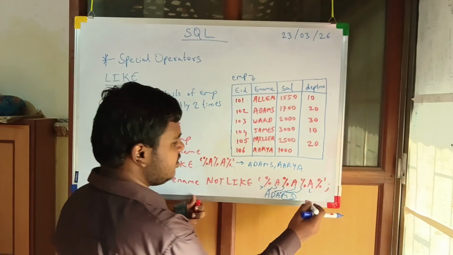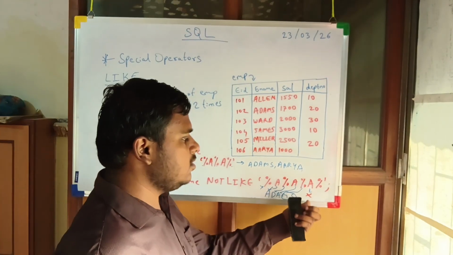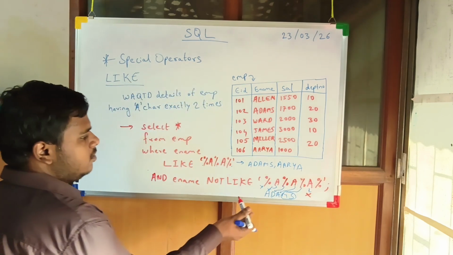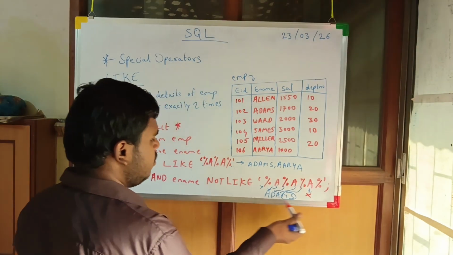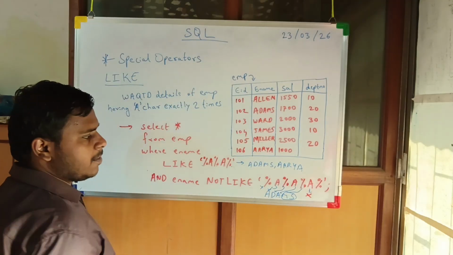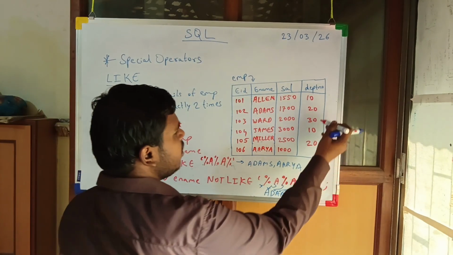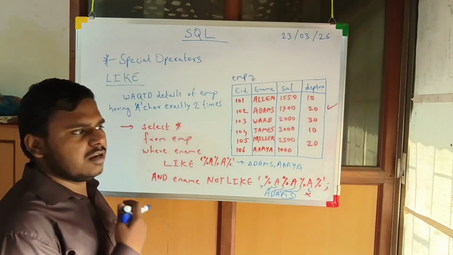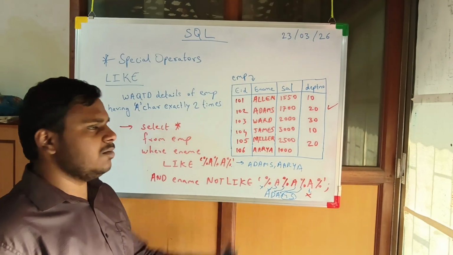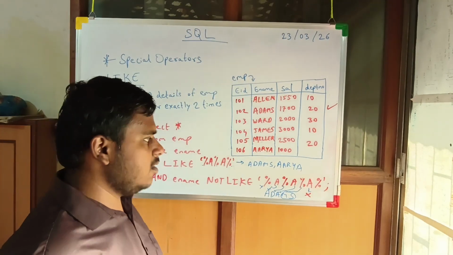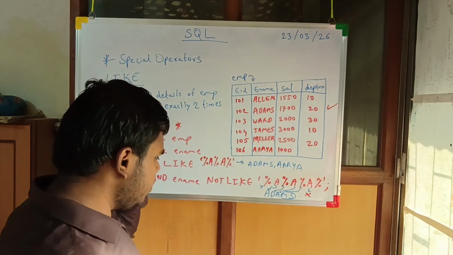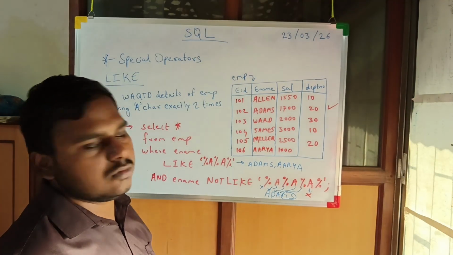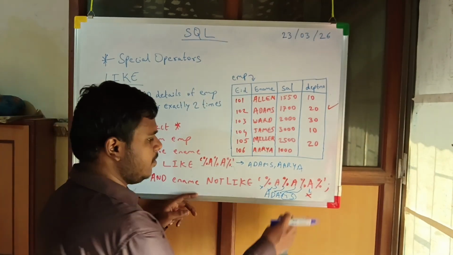So for the last A, there is no character for it. So the name is not accepted by the second pattern. Adams will come in the output. Not like means it rejects the pattern, but it can't reject because the name is not being accepted. So the condition becomes false here, and not with false becomes true. First condition true, second condition also true.